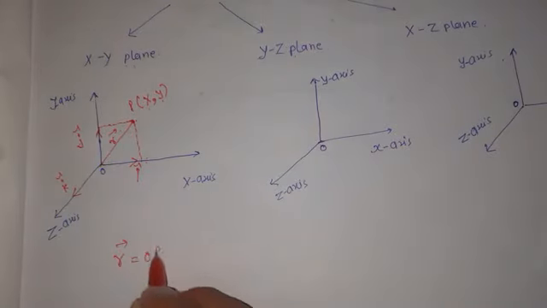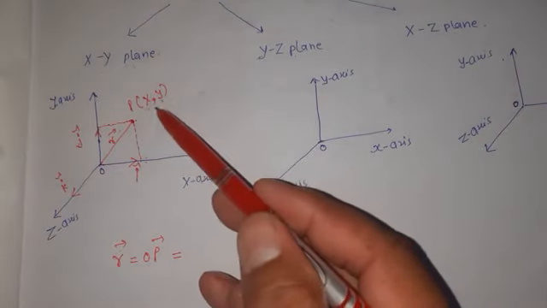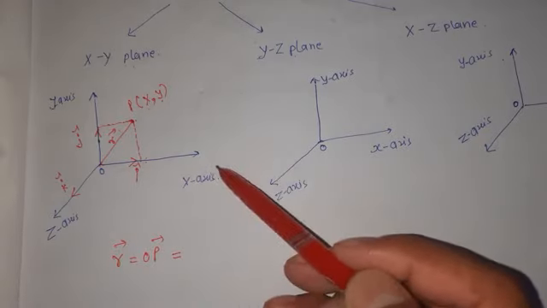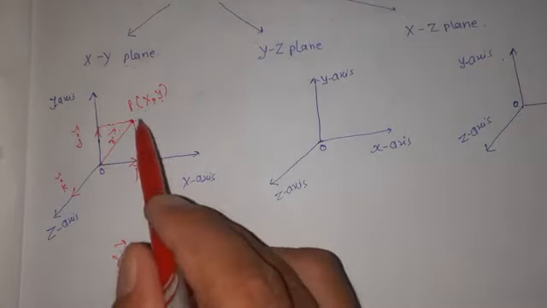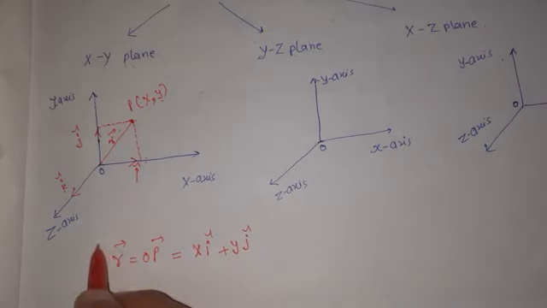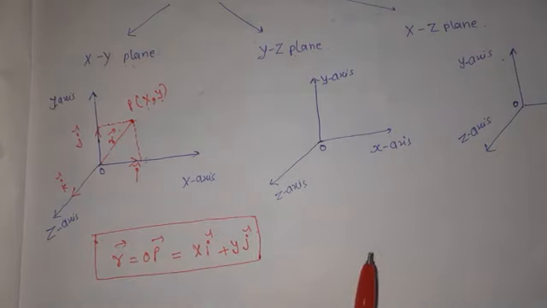It is the OP vector, which will be equal to, in terms of its coordinates, x along the x axis, whose direction is given by the i unit vector, plus y, the vertical position indicating the y axis, along the j unit vector. So this is the position vector in the xy plane.